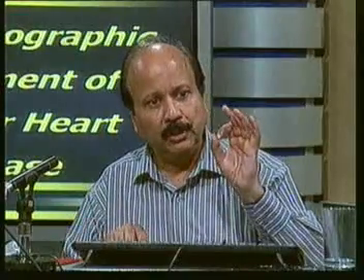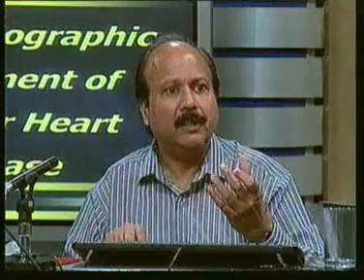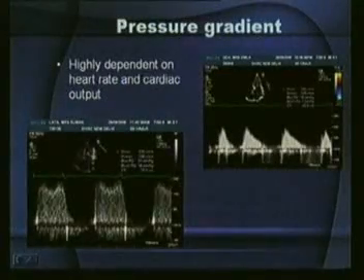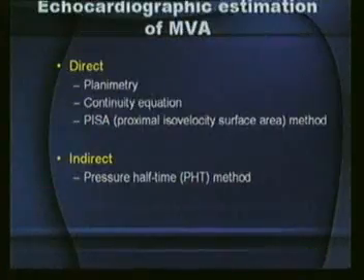So you have to see the gradient in a certain way. You have to understand that if the diastolic filling period is more, it's going to be a different situation. In such a situation, a valve area will help.